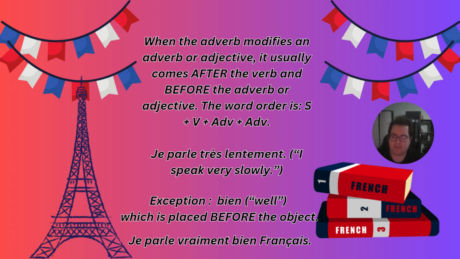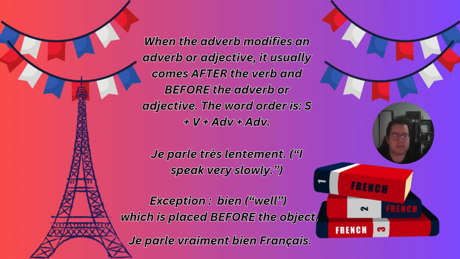Here we have the adverb très, which means very, describing another adverb, lentement, which means slowly. And slowly is the one that answers the question: how do I speak? Slowly. So, je parle très lentement. The exception here is bien, which means well, which is placed before the object.